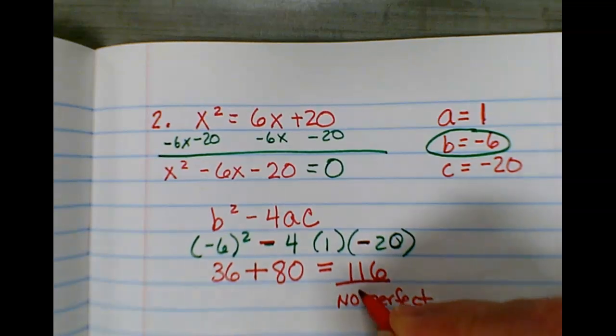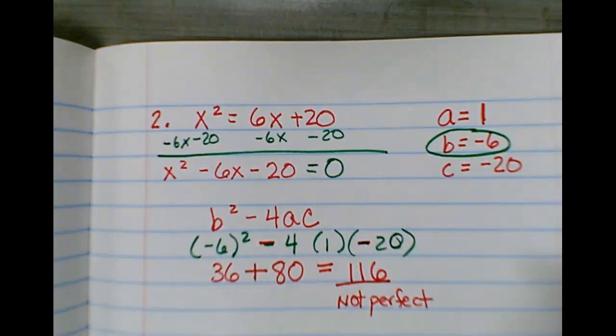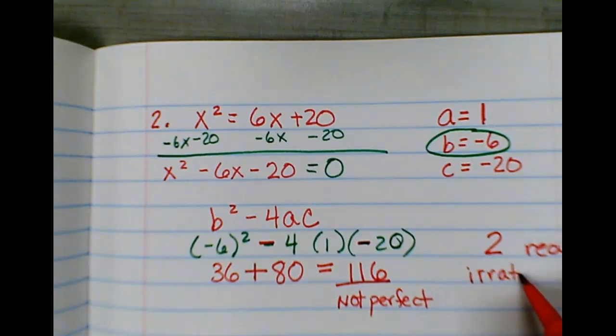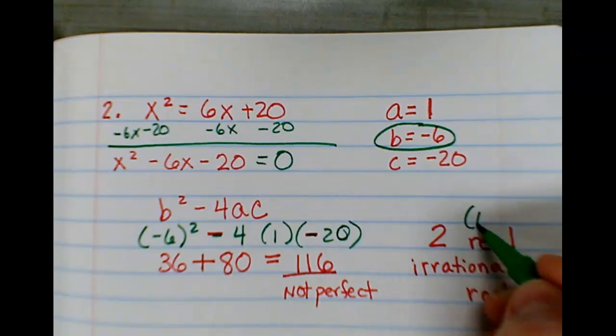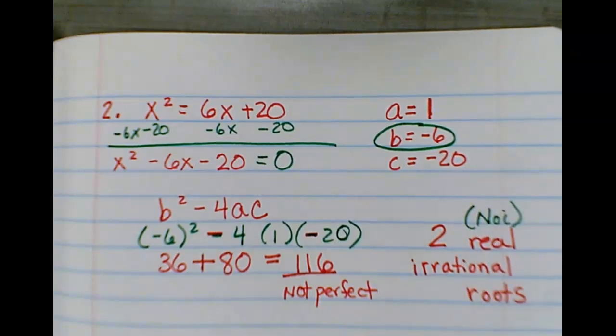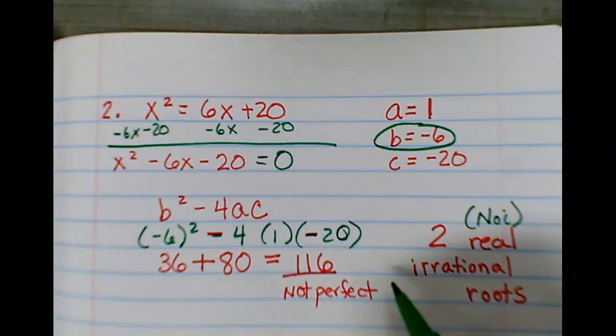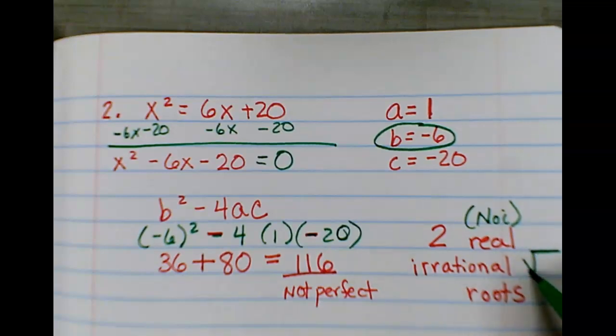If this is not perfect, then my answer will be 2 real, irrational roots. What does that mean? Real means there's not going to be an i. Irrational means I am going to have a square root in my answer.